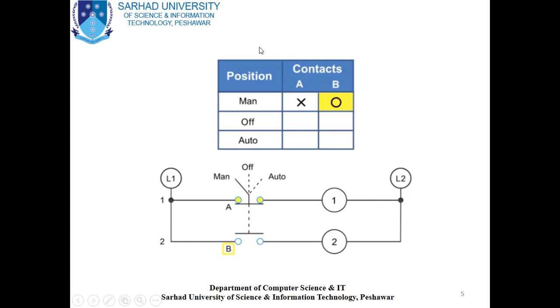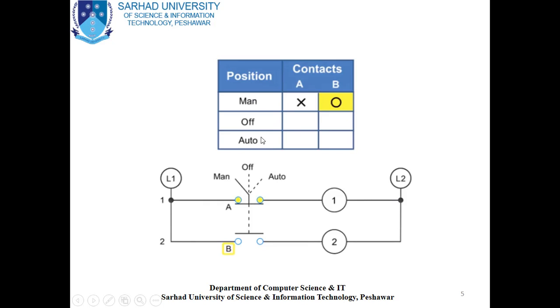Here you can see the truth table of the 3-position selector switch. These are the 3 positions. The first position is the manual position. The second position is the off position. And the third position is the auto position.